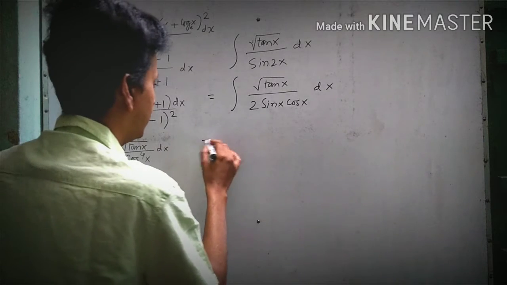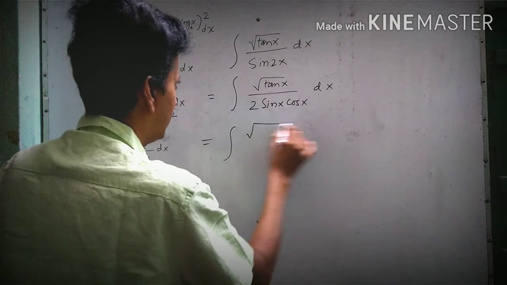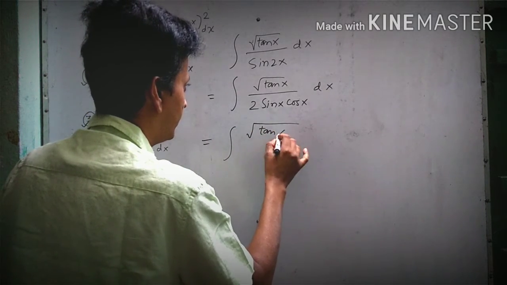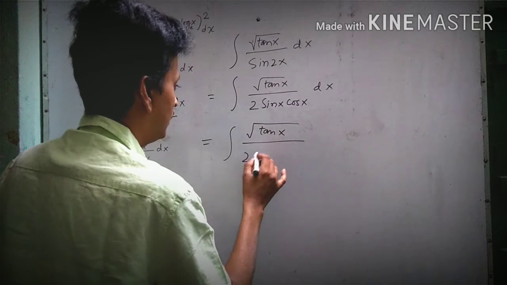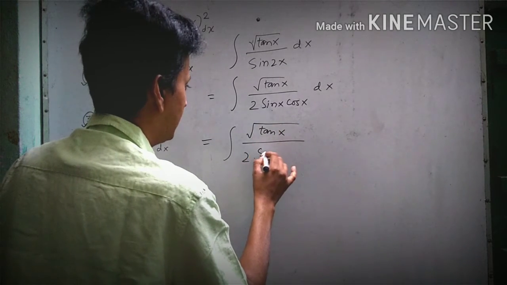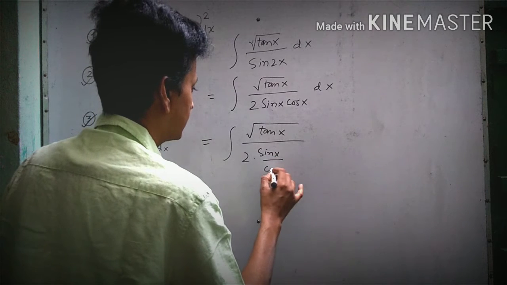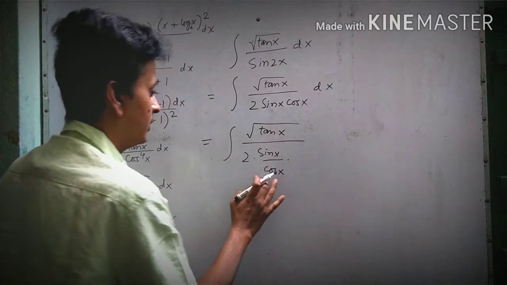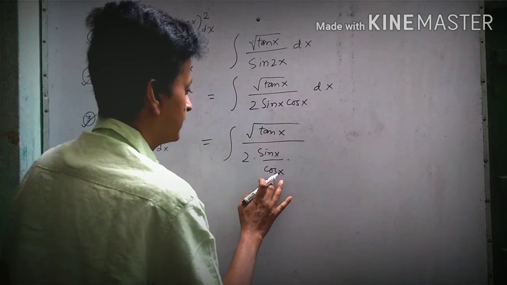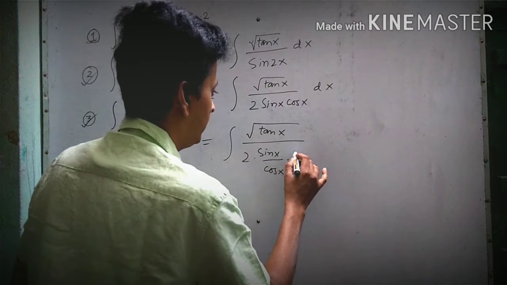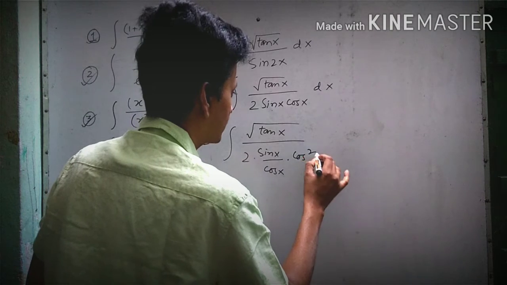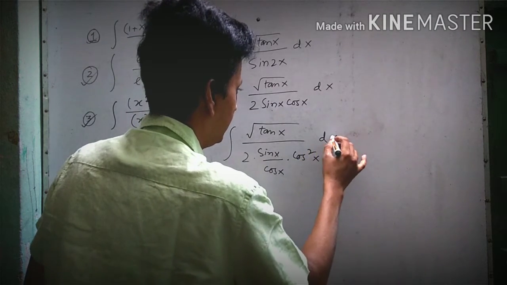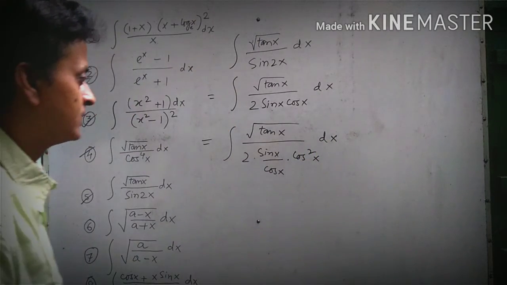Now root tan x by 2, we can write this sin x as sin x by cos x into, so we divide sin x by cos x, so here we have to write cos square x and this is dx.